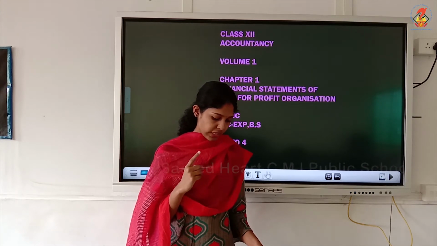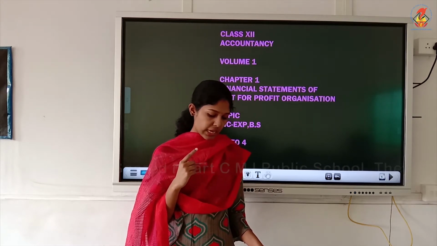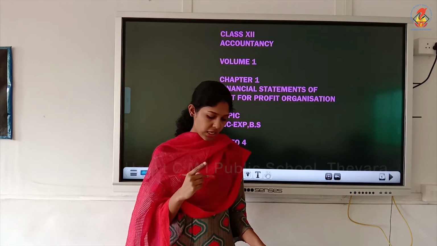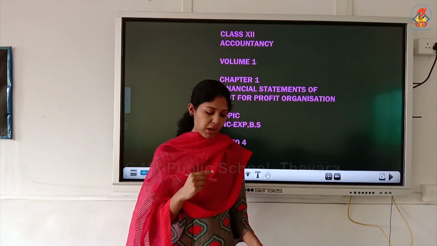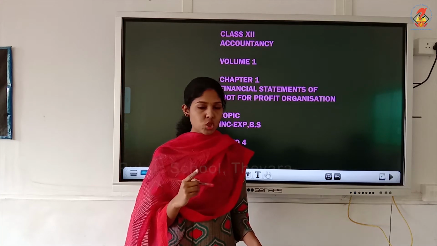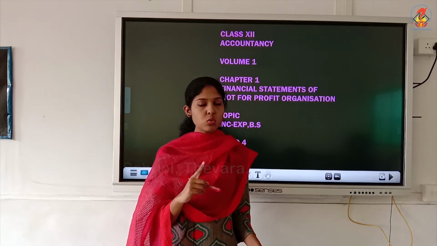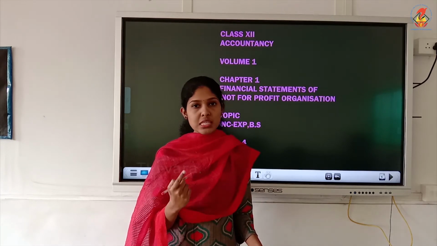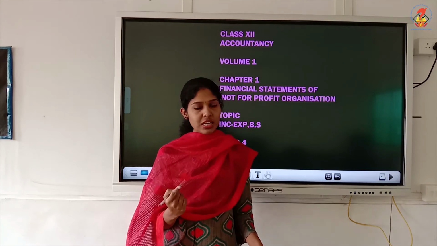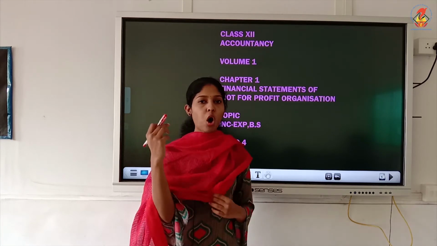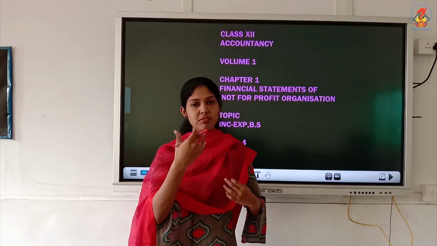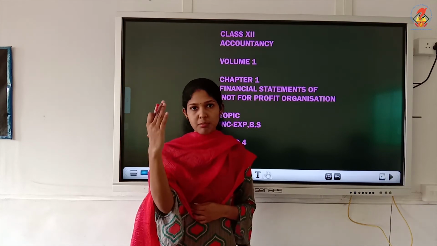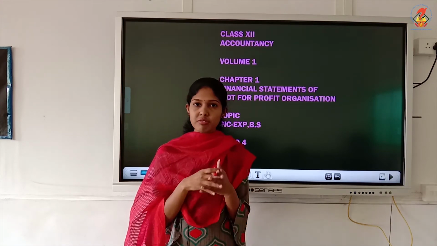So do one thing, you have to put tick marks against books and against furniture. But do we have furniture in receipts and payments account? No. On which side of the account can you find furniture? That would always be on the payments side, because it's something which we purchased. So it will come on the payment side, but we don't have any furniture.